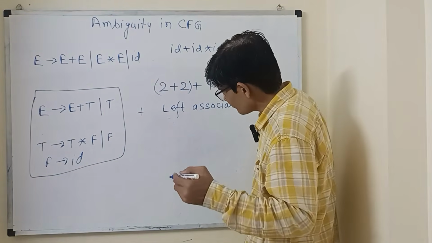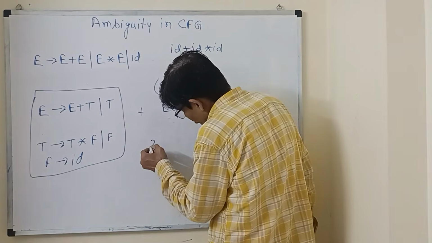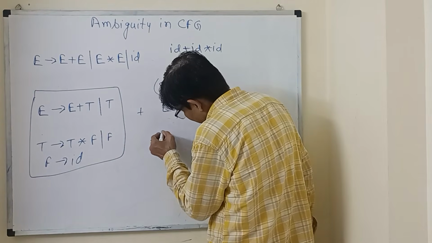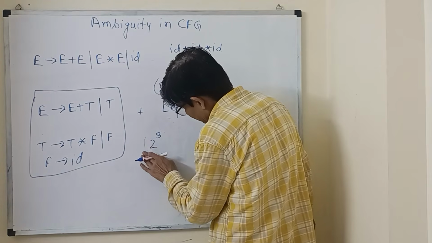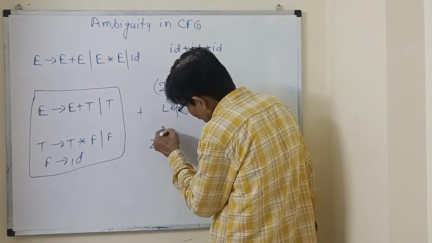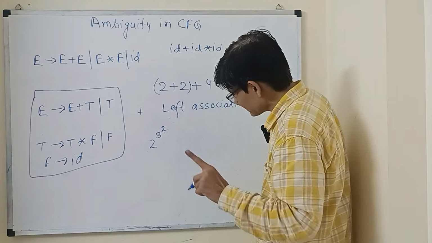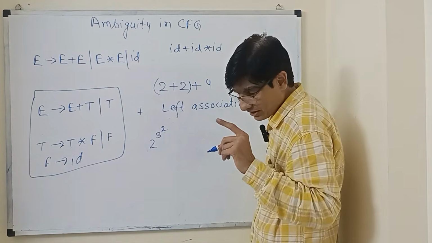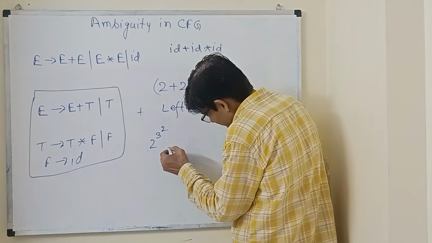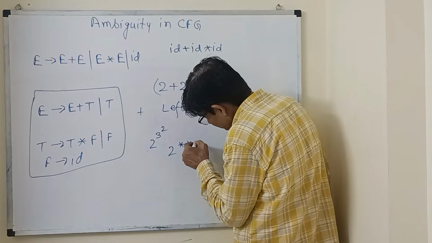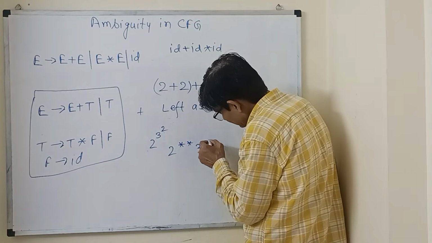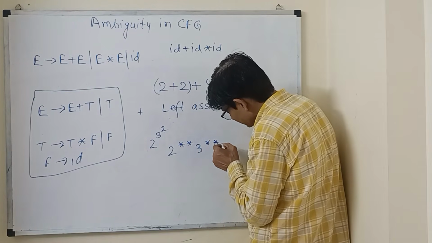Suppose I want to calculate 2 to the power 3 to the power 2. In your computer system you can write this as 2, exponentiation 3, then again exponentiation 2.